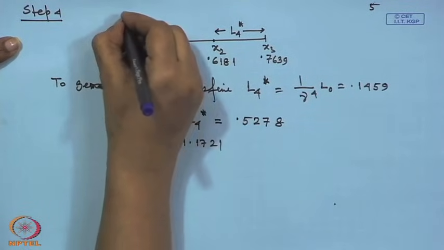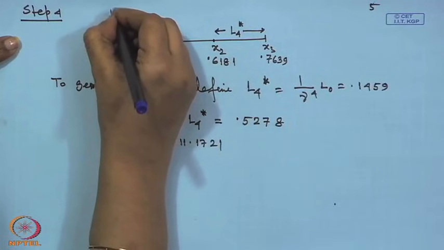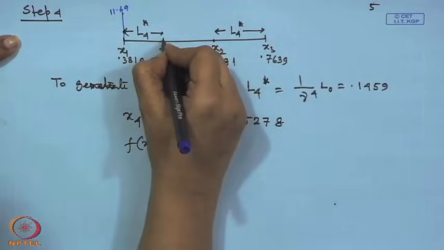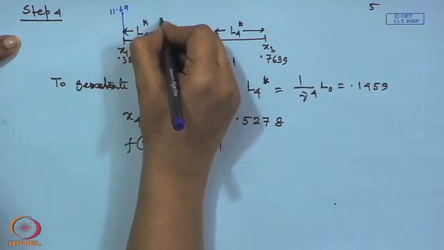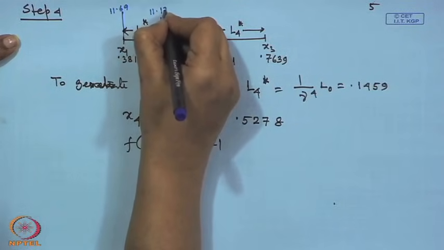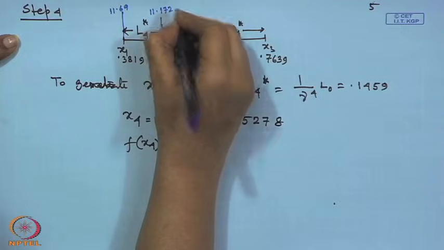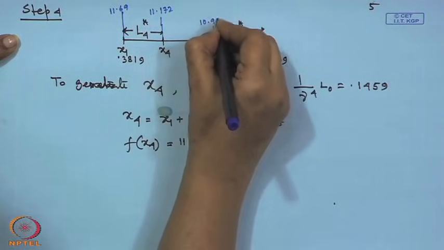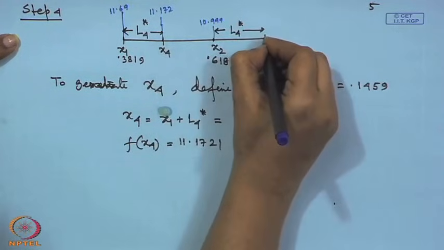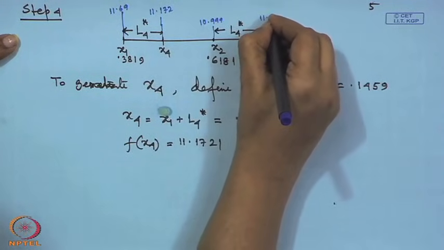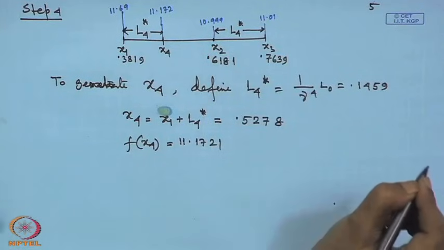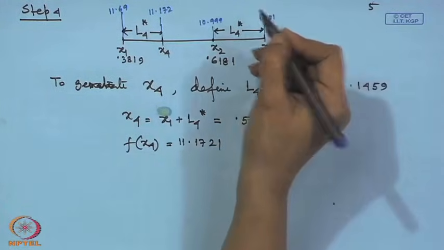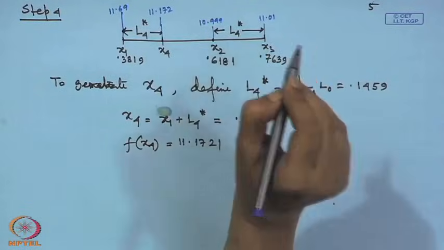Then let us draw the values in the graph. We are having 11.69 something, at x4 it is 11.172, at x2 it is 10.9999 and it is 11.01. We are considering the assumption that the function is unimodal, function is having one minimum within the interval.